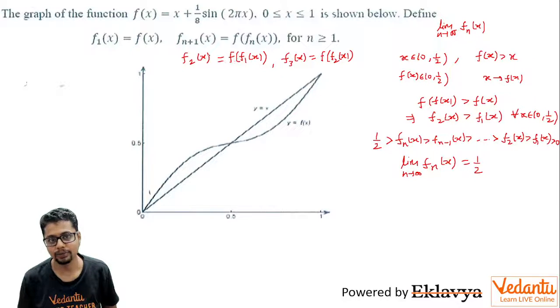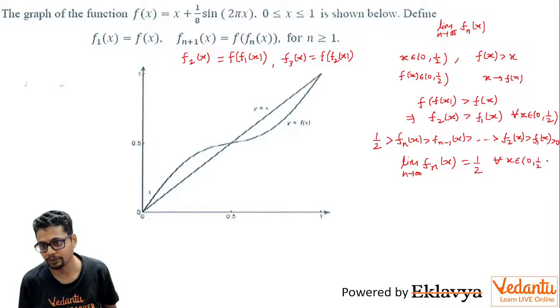Mind it, no matter what function fn you consider, at x equal to half the functional value will be half only. Why? Because f of half is half, so f of f of half will be half, and so on.